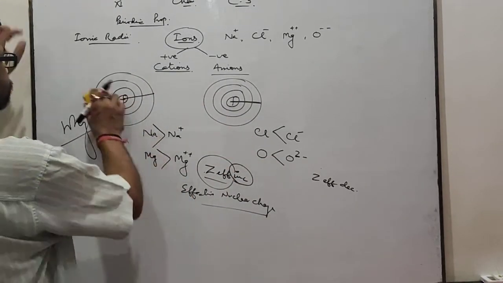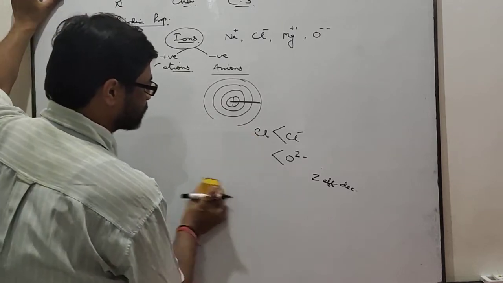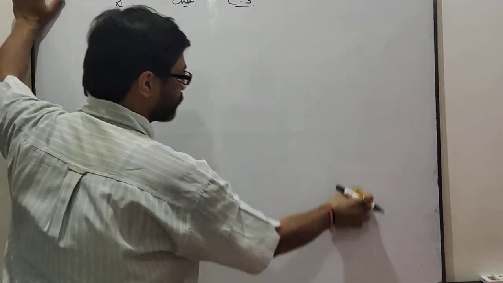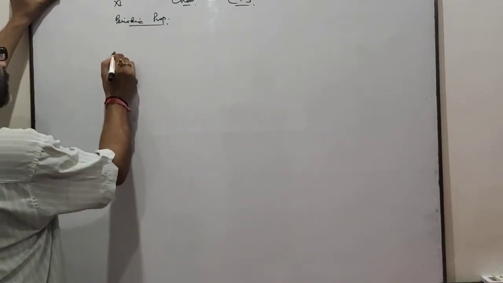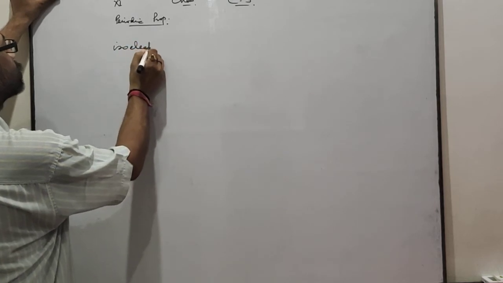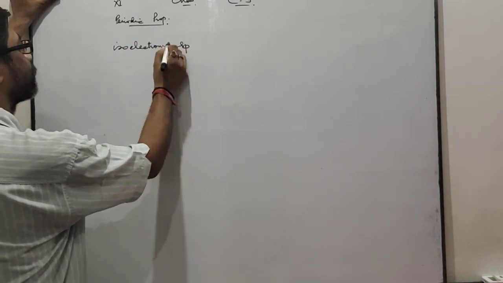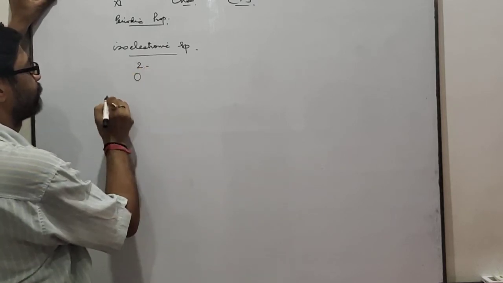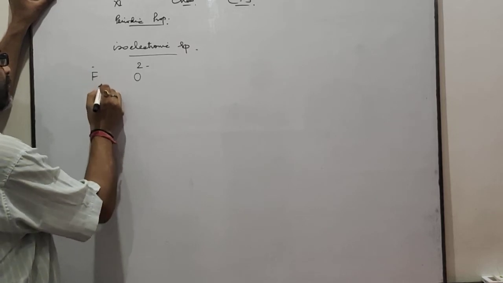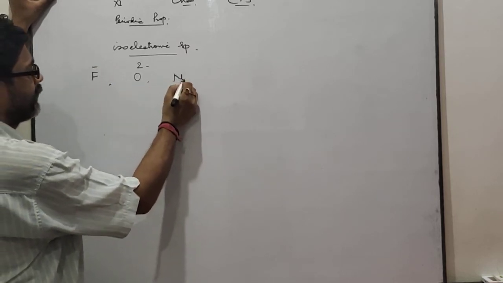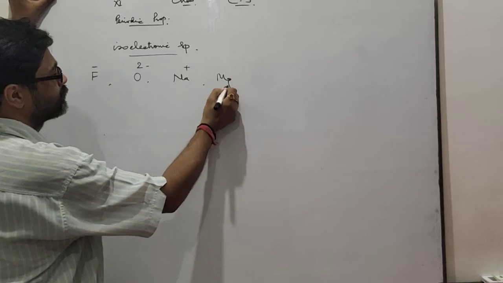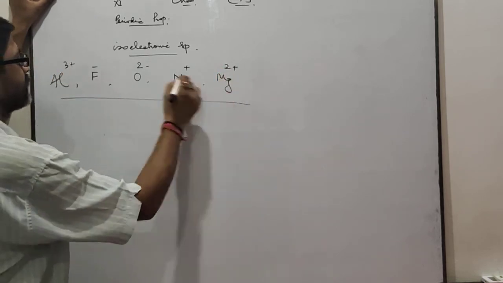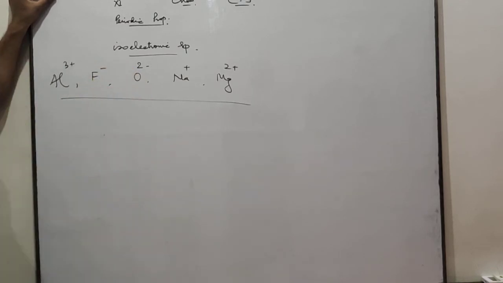If there are isoelectronic species, means two or more ions have the same number of electrons, like O2-, F-, Na+, Mg2+, Al3+, among these, they all are isoelectronic.